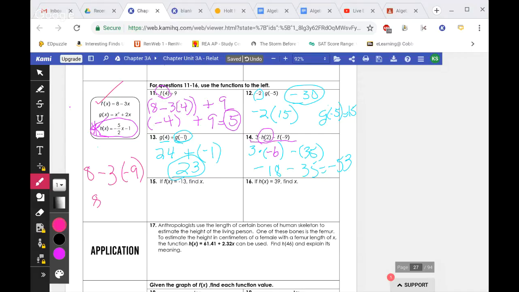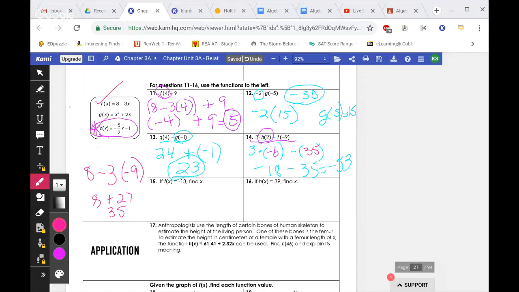So that's going to be 8, and then -3 times a -9 is a positive 27. So that gives me a 35. So over here, I'm going to plug in 35. So now I have the equation 3 times -6, which is the value of h of 2, minus 35, which is the value of f defined at -9.